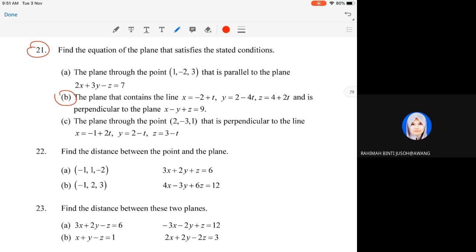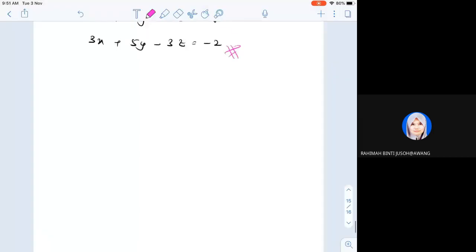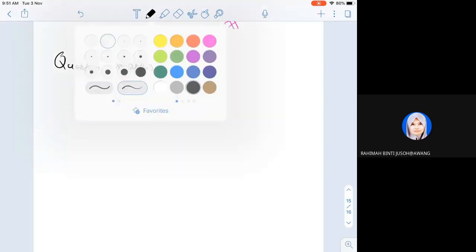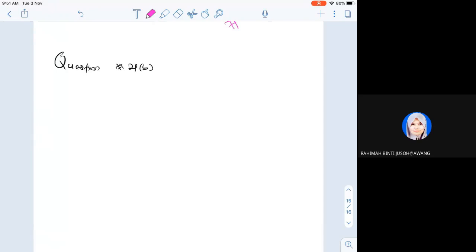Okay, question number 21B. What does it say? Can you imagine it? It says the plane contains the line.